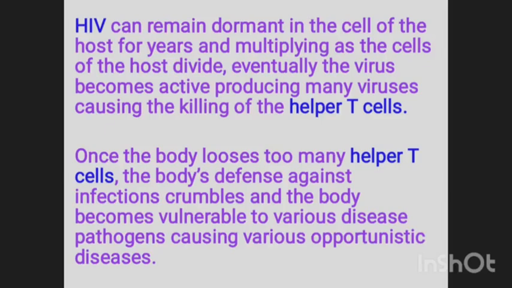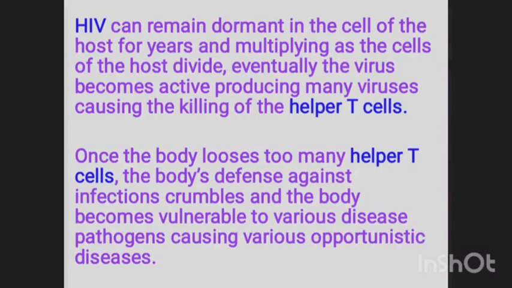Now, HIV can remain dormant in the cell of the host because it takes a lot of time. It takes years before it can actually destroy all your immune system. So it remains dormant in the cell of the host for years. And in those years, it keeps on multiplying, right? Until this virus destroys all the helper cells in your body.